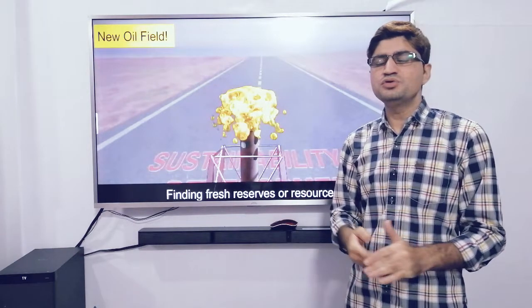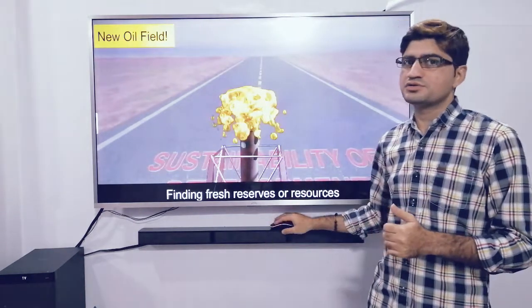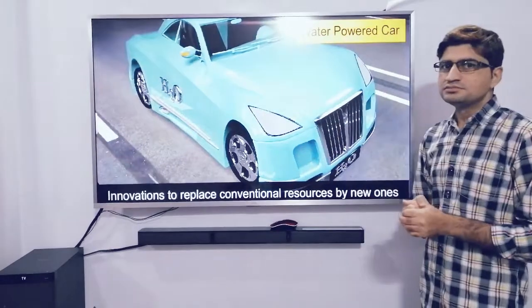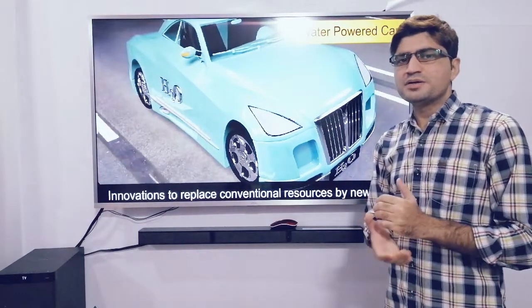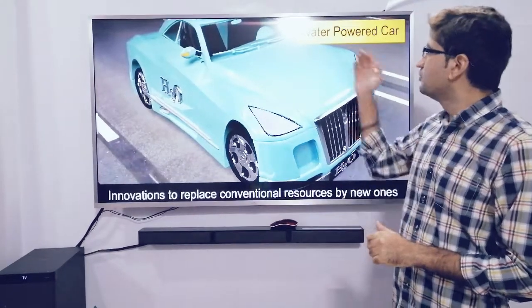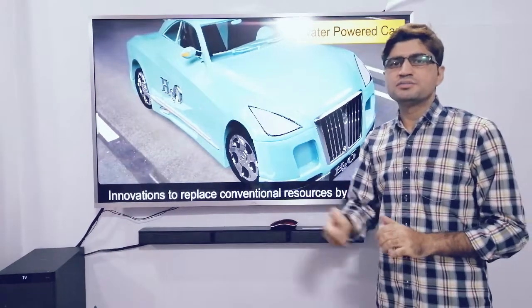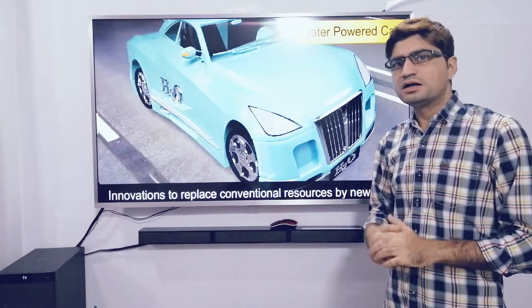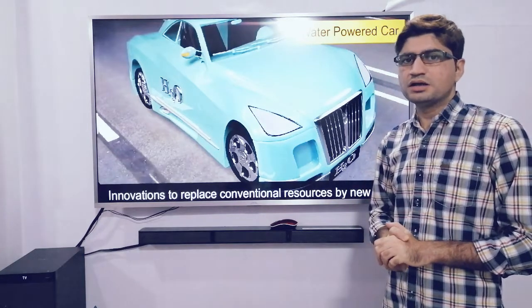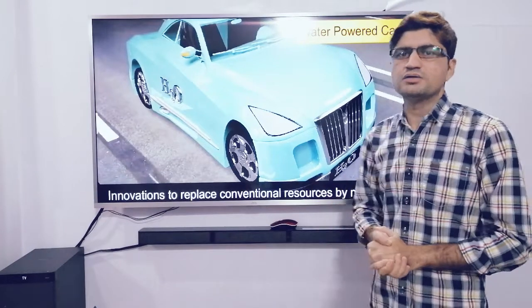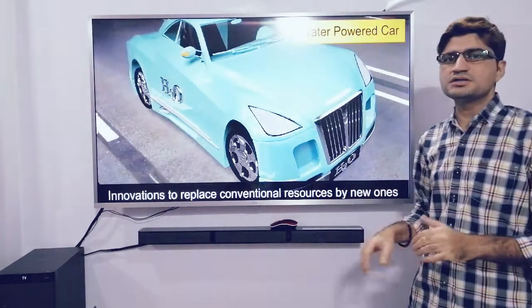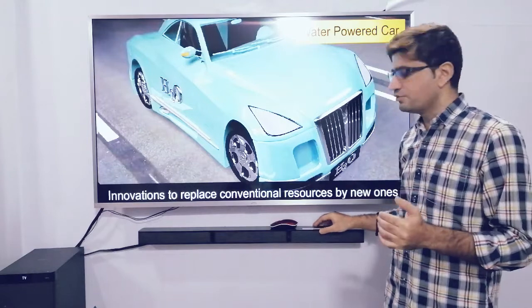So we have to use alternative resources, like for cars. Nowadays many experiments are ongoing, like water-powered cars and hydrogen fuel cell cars, and nowadays electric cars have already entered the market. So those are the alternative ways, and we can utilize such resources in an alternative way.